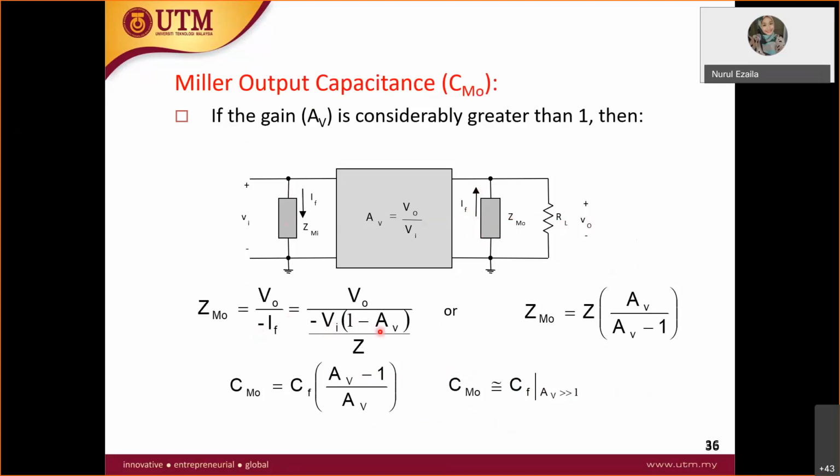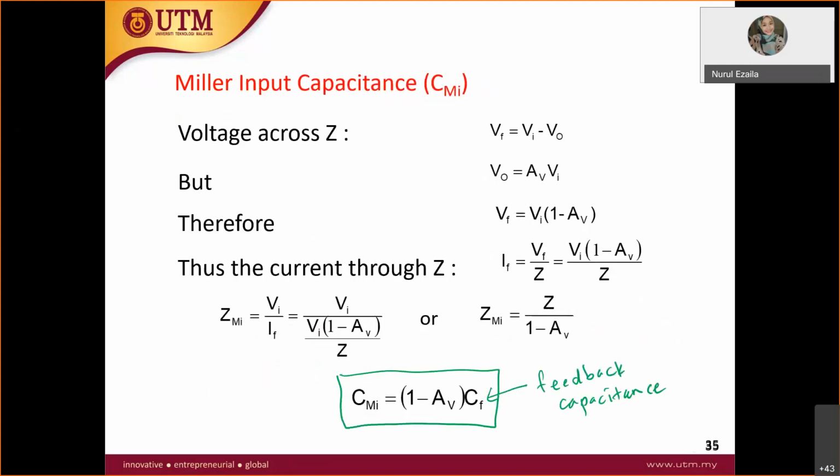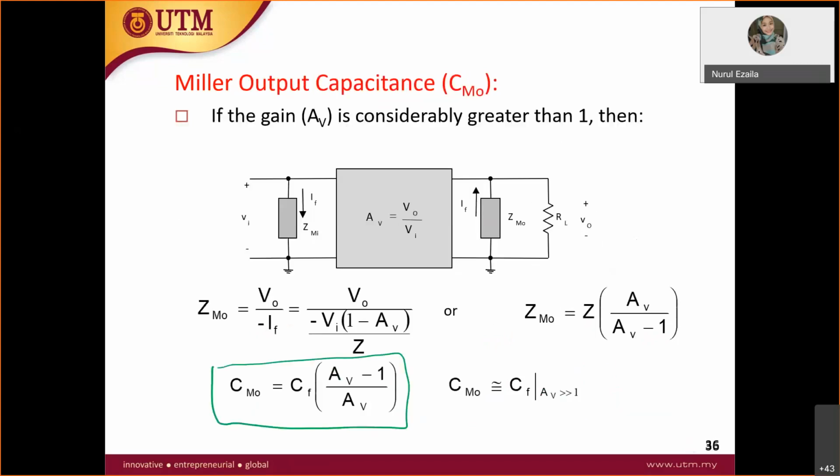You have to simplify this, and finally you get ZM out equal to Z times AV over AV minus 1. You just have to memorize only these two: this one at the input, and this one at the output.